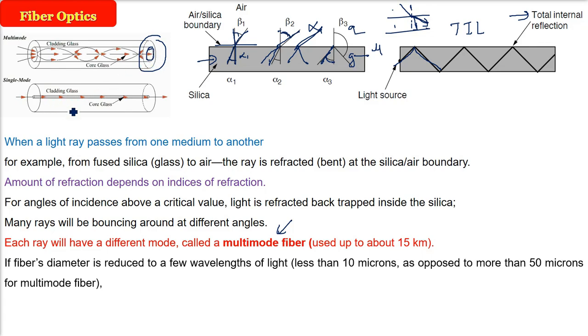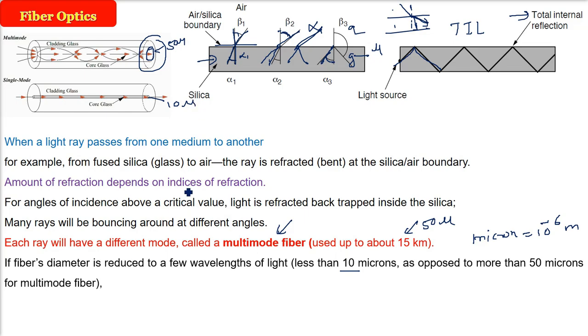But if this fiber diameter can be reduced to a few wavelengths of light, say 10 microns, as I was telling you, multi-mode fiber is 50 microns, and 1 micron is 10 to the power minus 6 meter. So this is 50 micron, this is 10 micron.